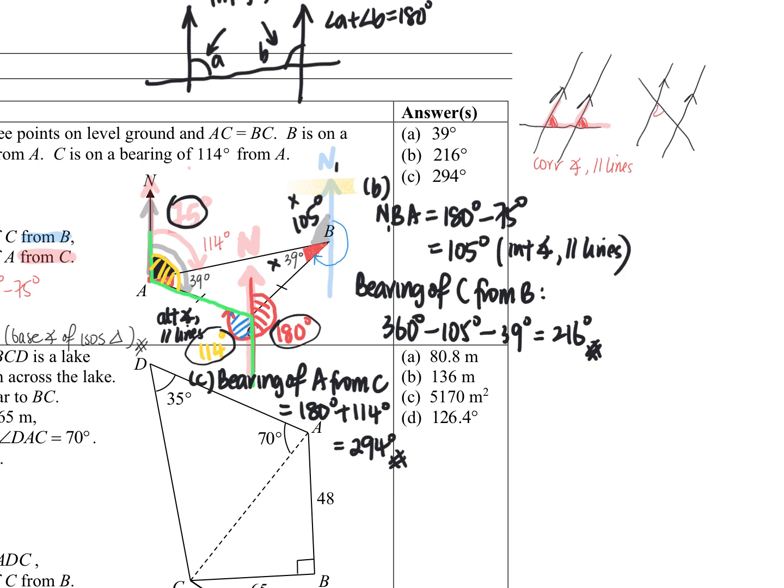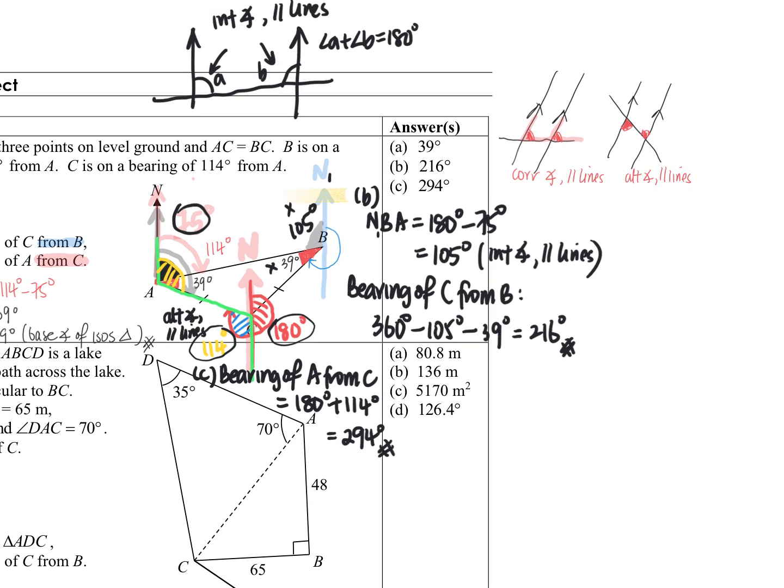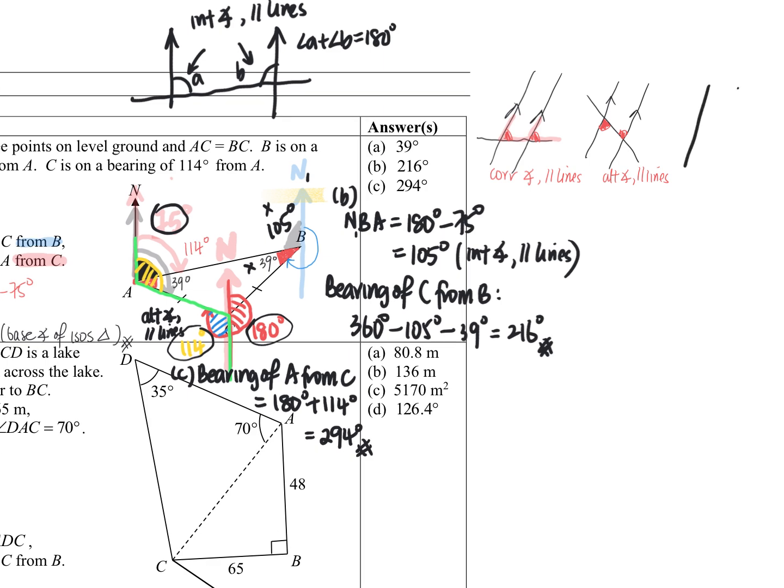If you see the letter Z, then it's alternate angles, parallel lines. If you see the letter C, then it's interior angle.